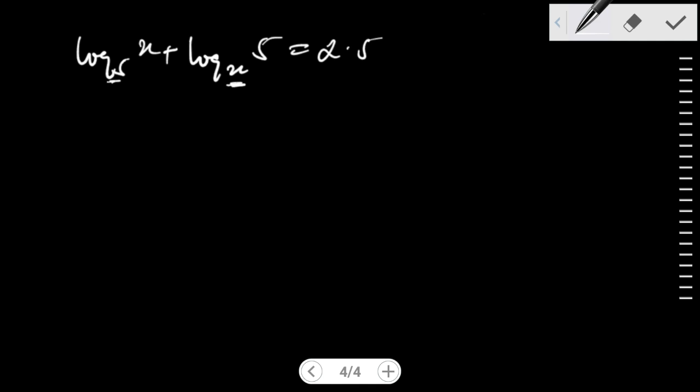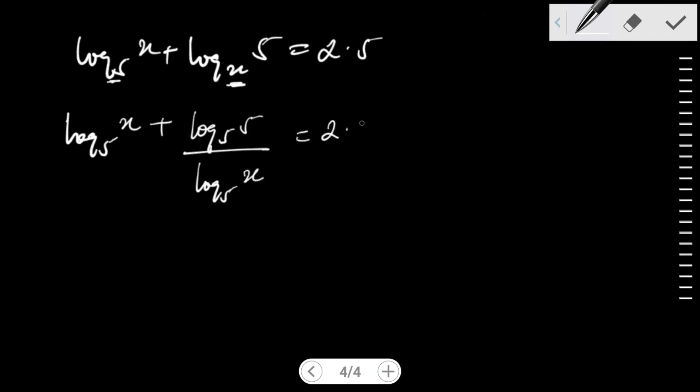If I choose 5 as my base throughout, I'm going to say this is log base 5 x plus, this is going to be log, so our base is 5, so this is 5 all over log base 5x is going to be equal to 2.5.